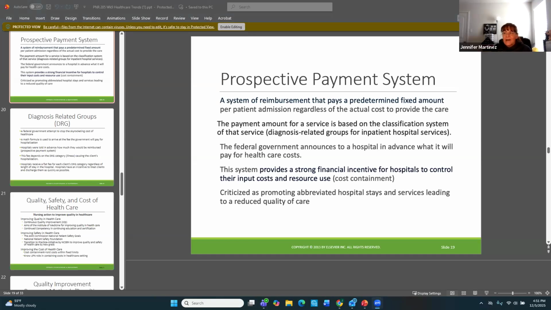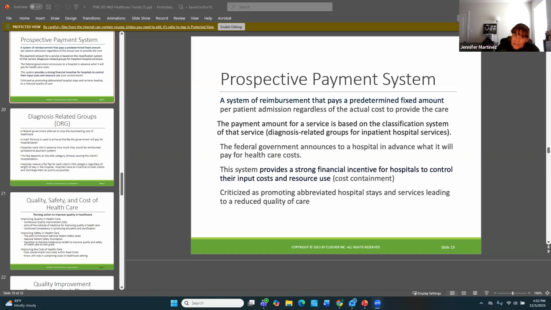So let's say you have a patient that has a heart attack. The insurance is going to say, here's $5,000 to care for that patient that had a heart attack. If you know that you only have $5,000 to pay for this person, right, it helps to encourage hospitals to control costs. So you're not saying that we're going to cut corners, okay? We're going to just be careful with the care that we're providing.